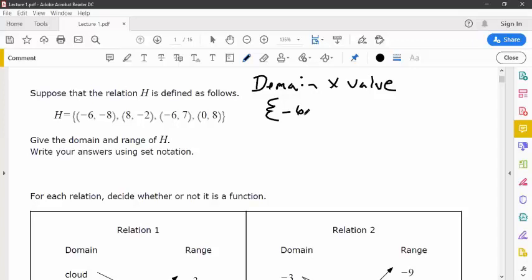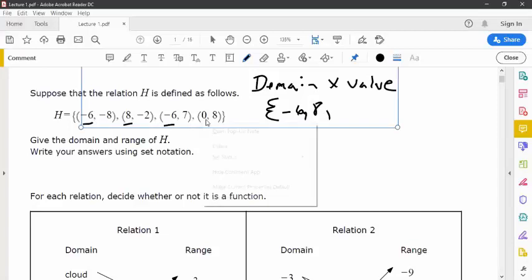So -6, 8, we've already said -6, so we don't duplicate, and 0. So that would be our domain.